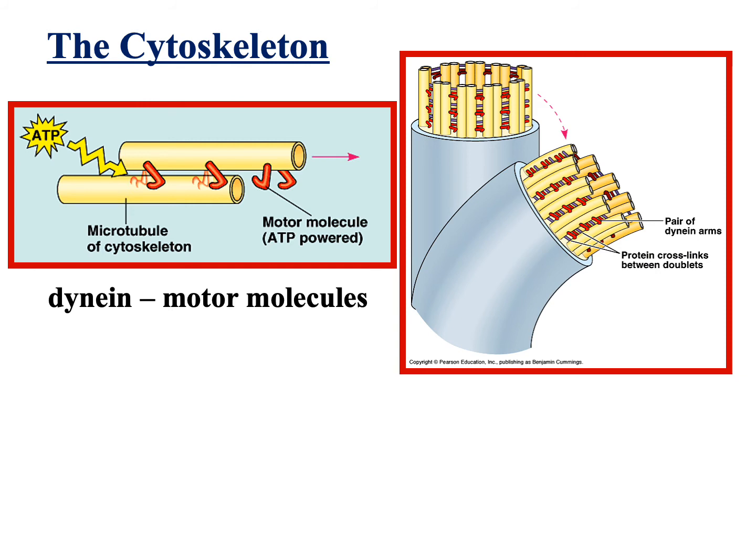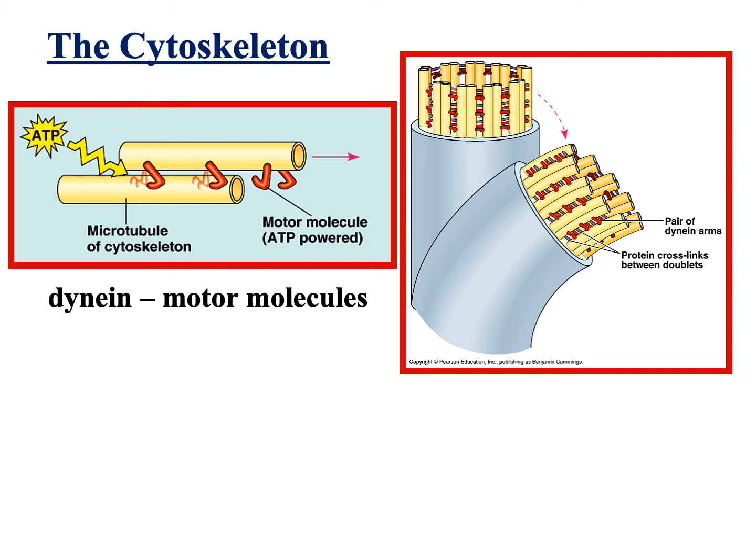What I want to highlight, though, with that figure on the left-hand side is the dynein motor molecules. Again, these are in the red. They look like little feet, similar to those myosin molecules that we talked about previously. These are motor molecules, meaning that they utilize the energy associated with ATP to allow for movement to occur.